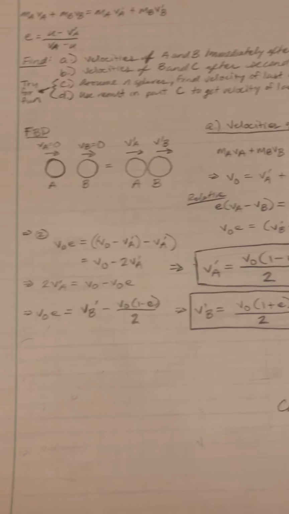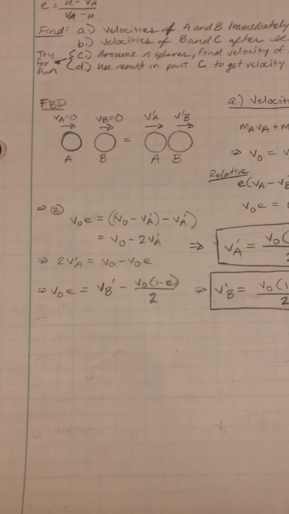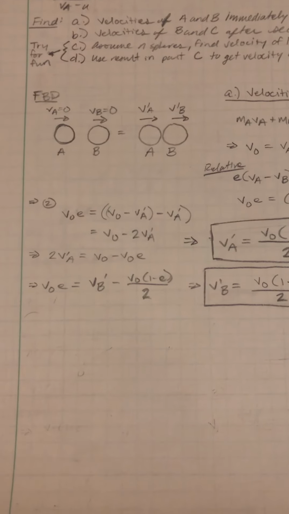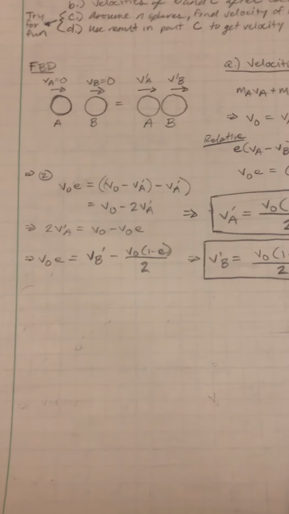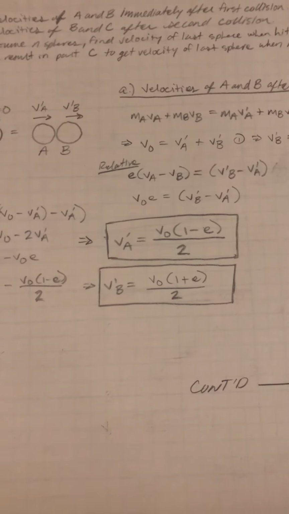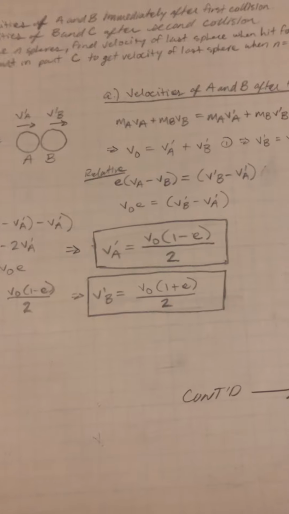Then plugging that into the manipulated first equation, we find that VB prime is equal to V naught times 1 plus E over 2.